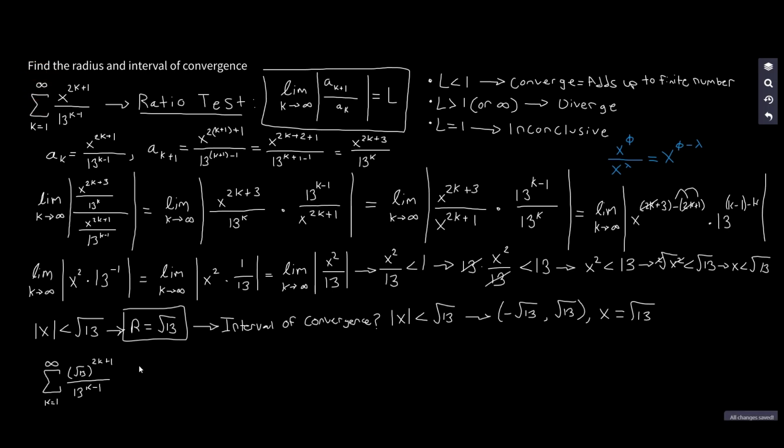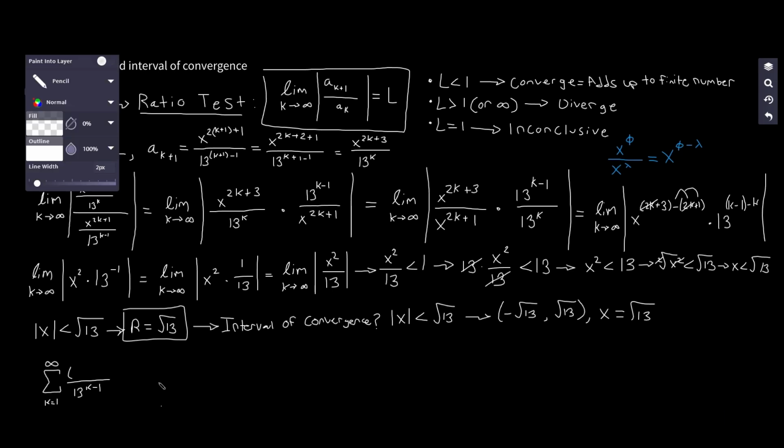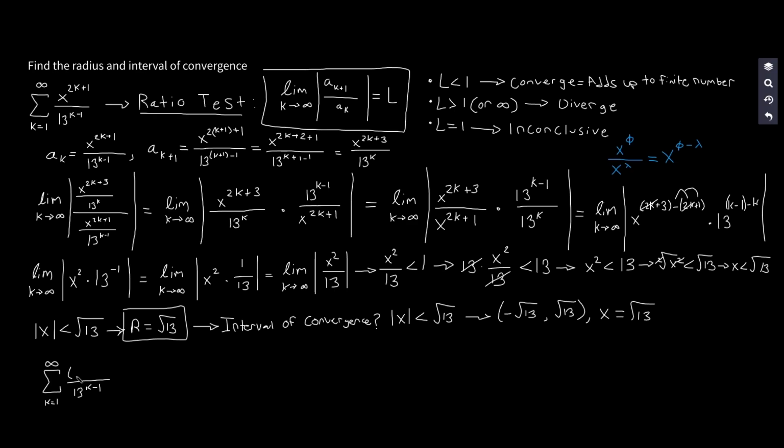I just realized that the 13 there looks terrible. Let me just fix this, because what good is the math if you can't read it, right? Root 13 raised to the power of 2 times k plus 1, all over the denominator 13 raised to the power of k minus 1.